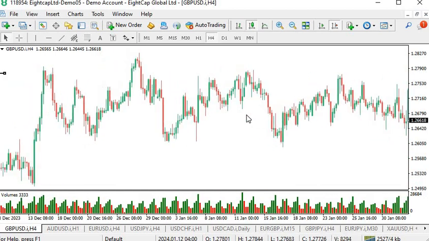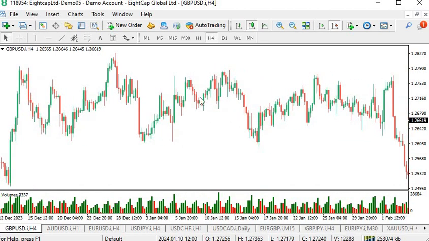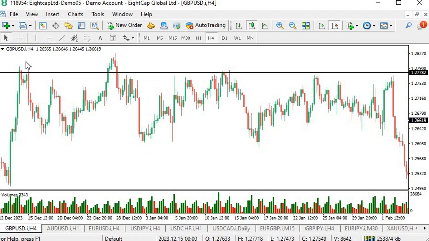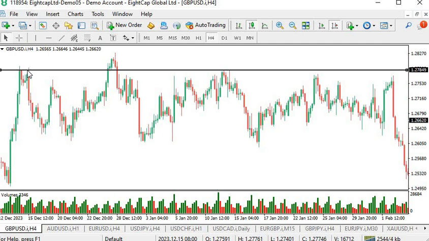Okay, now you can see it is a choppy market. So we will draw support and resistance zones. We will target the first one. Okay, this area, right, and we will also draw support.